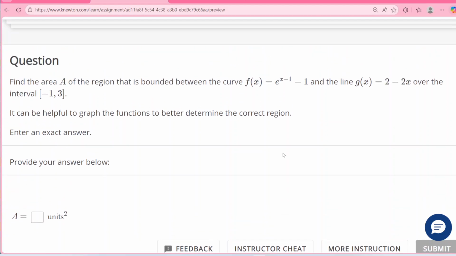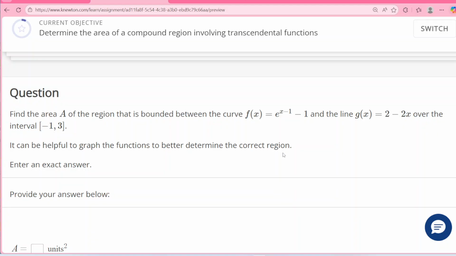Right, no picture here. So once again, it's going to be nice to figure out where these cross, and it looks like that's going to be at x equals 1. Both of these will be at the point 1, 0.